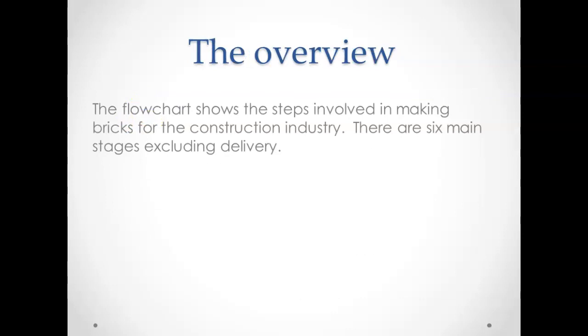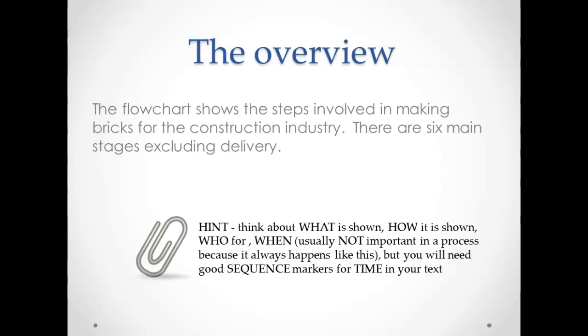Here is the overview. The flowchart shows the steps involved in making bricks for the construction industry. There are 6 main stages, excluding delivery. I'd like you to think, for writing the overview, about what is shown, how it is shown, who the picture was made for, maybe when, but possibly not, and you will need good sequence markers for time.